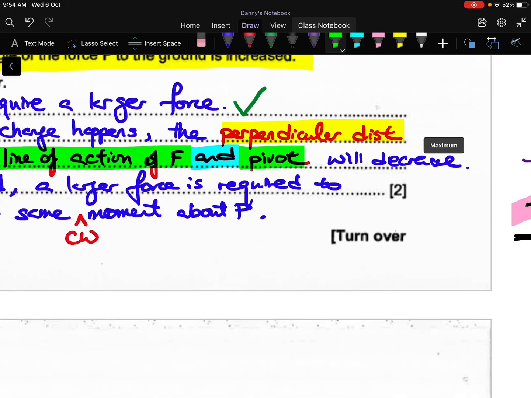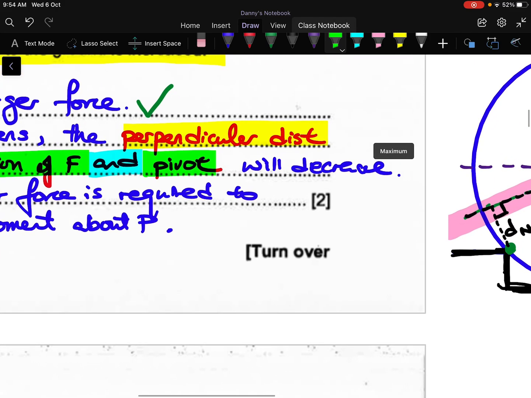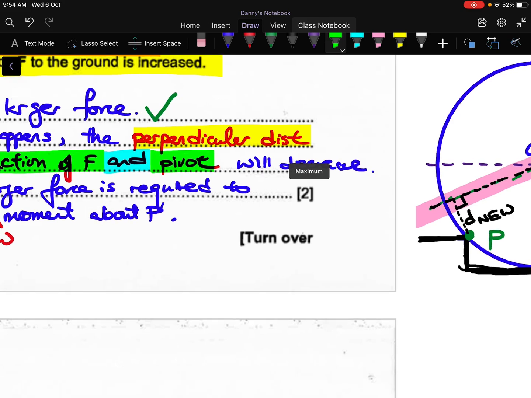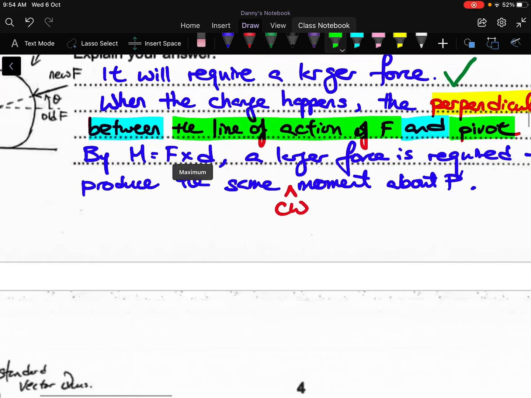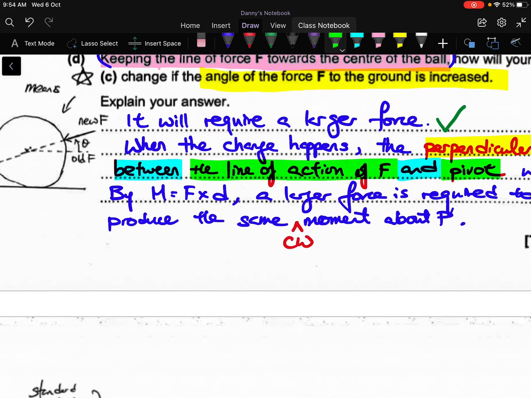Okay, then we will say that when there's a theta there, when the angle is bigger, the perpendicular distance will drop. Now, after that, because you need to explain, you explain by quoting the related formula.